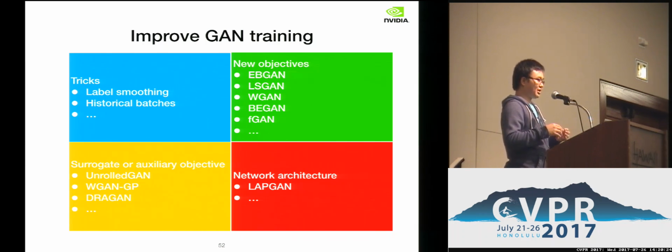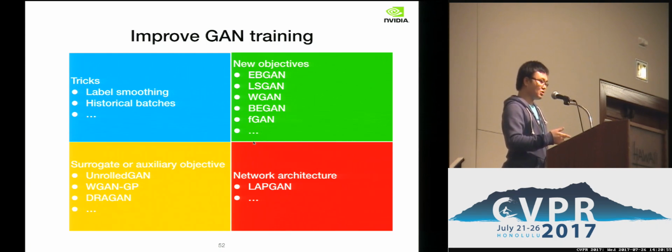So here I try to summarize what happened during maybe just 1 year for improving GAN training under 4 different categories. This is based on my categorization. I think other ways to categorize these works exist, but I will just describe my way. So I divide them into tricks, new objectives, surrogate or auxiliary objectives, and network architecture.